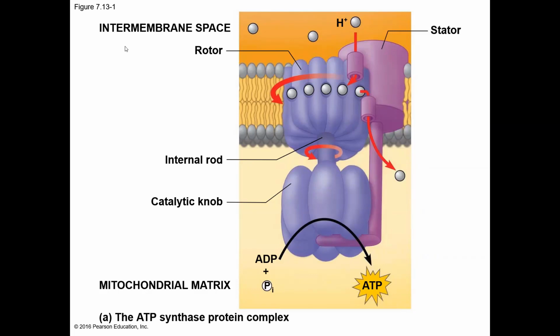And now we have all these hydrogen ions up top in the intermembrane space, and they are going to get funneled through this complex enzyme called ATP synthase. And as they get funneled through, we get some energy being generated to bring ADP and inorganic phosphate together to form ATP. Okay, so now we have lots of ATP being generated.